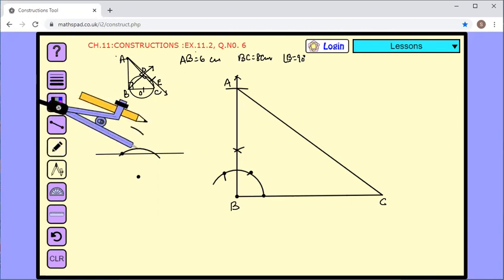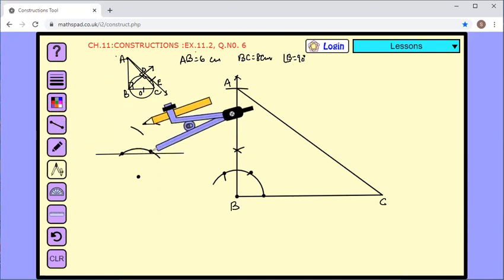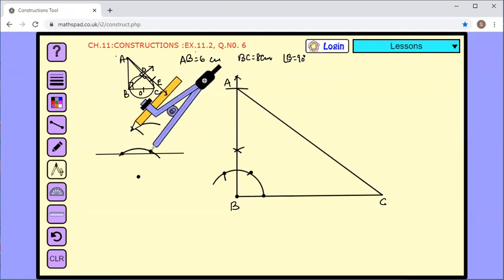And then without changing the radius of the compass, I'll put it here and draw another arc so that the two arcs meet each other. This way, I'll get another point where the two arcs meet and I'll join these 2 points to get the perpendicular to this line from this point.